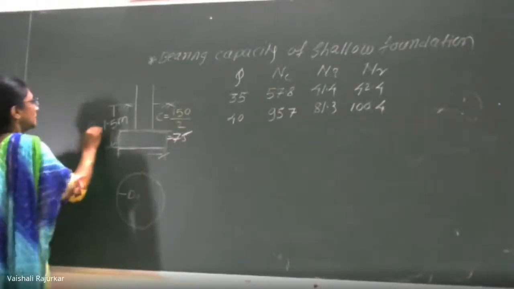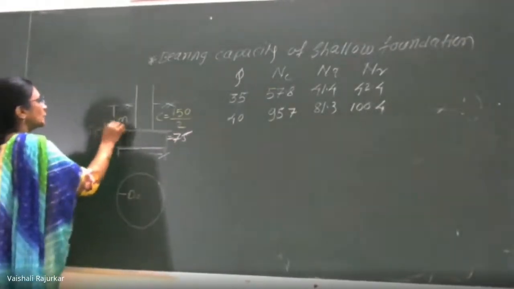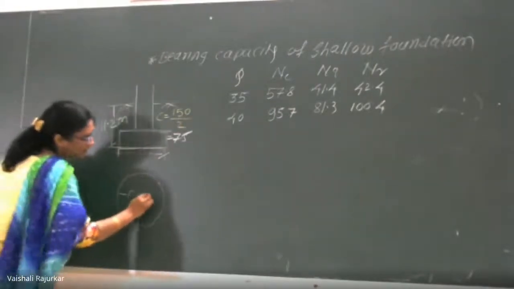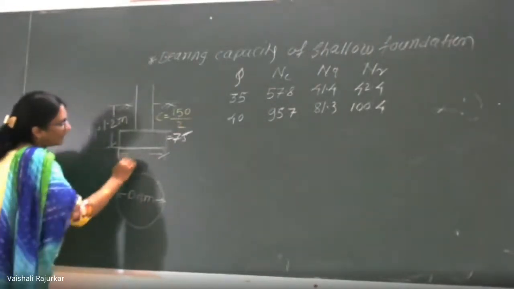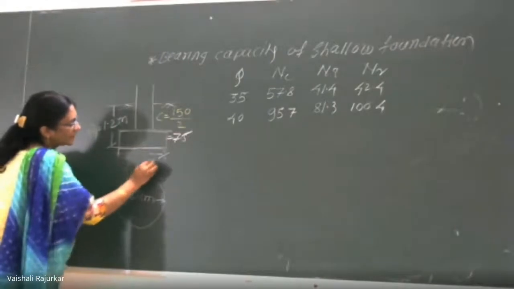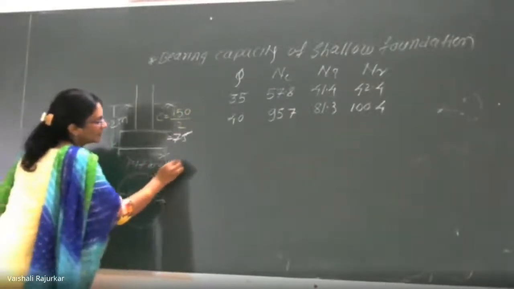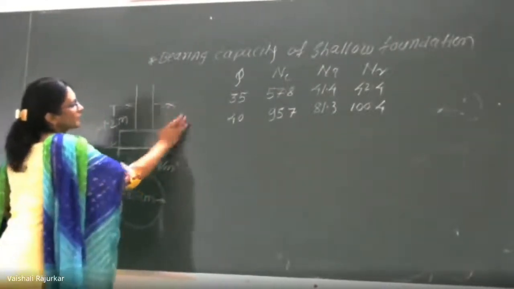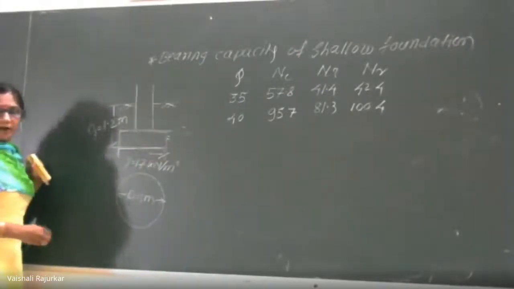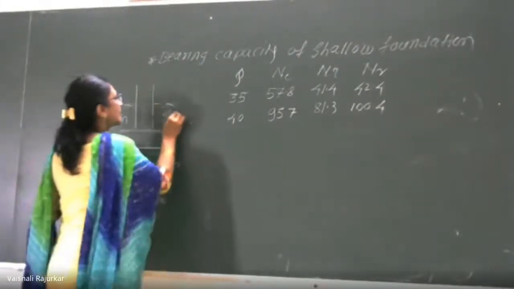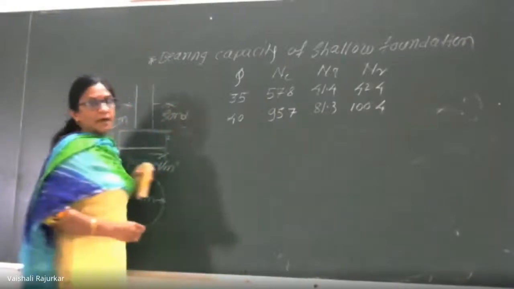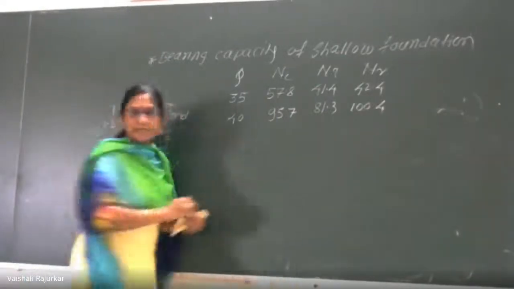And again, here it is 1.2 and here it is 1 meter. Gamma is given as 17 kilonewton per meter cube. See? So this is a pure sand.